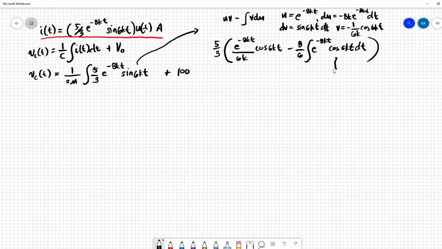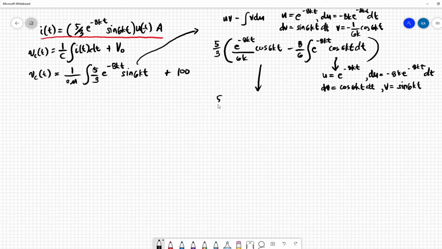Now this integral can be solved using, again, integration by parts. We have u equal to e to the negative 8kt, du equivalent to negative 8k e to the negative 8kt dt. And we have dv as cosine of 6kt dt, where v is equivalent to sine of 6kt. This equation becomes 5 over 3.